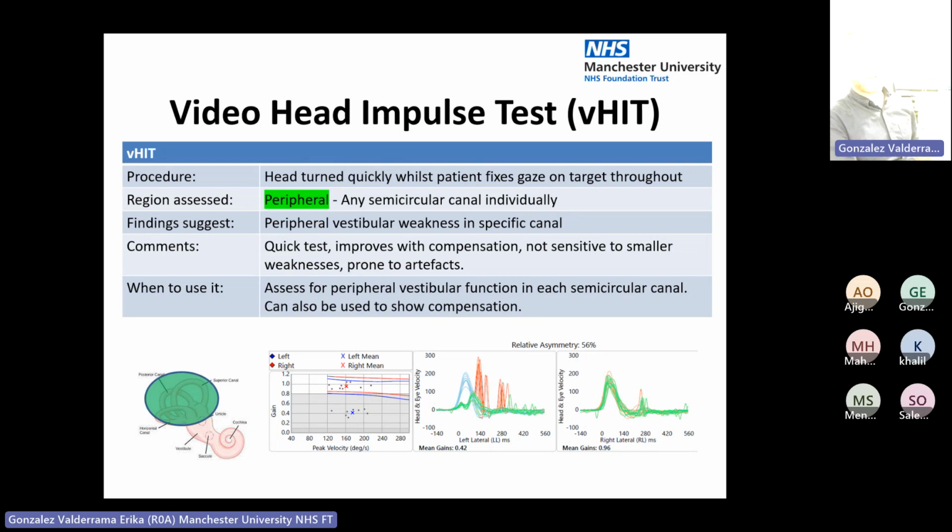Like many of our tests, they are quite specific, but they're not very sensitive, meaning you can trust the positive results, but you can't trust the negative results so much because they can miss stuff. So V-HIT is not sensitive to smaller weaknesses, and it does improve over time.